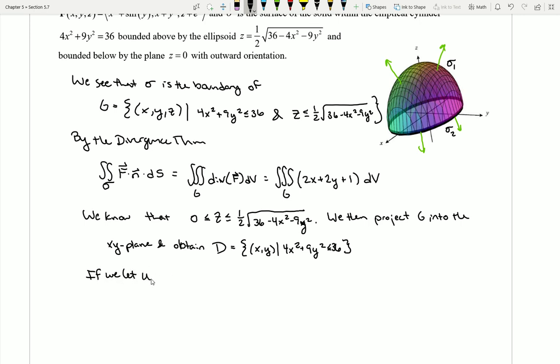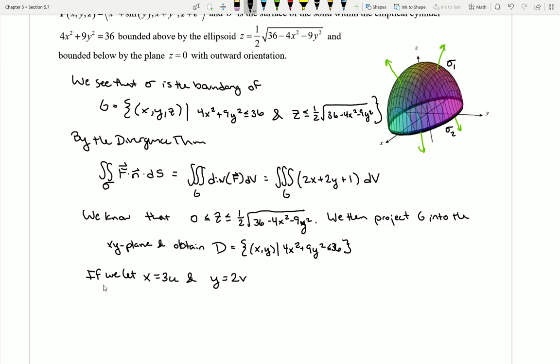If we let x be equal to 3u, and we let y be equal to 2v, let's quickly take a look at what happens if I set this up.